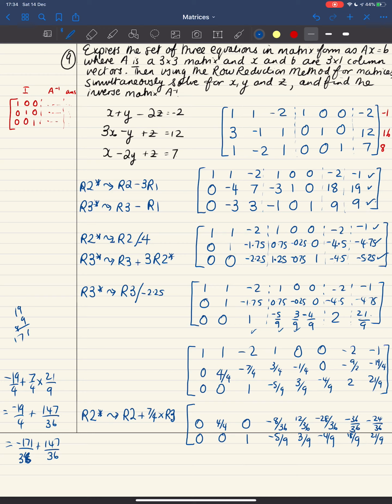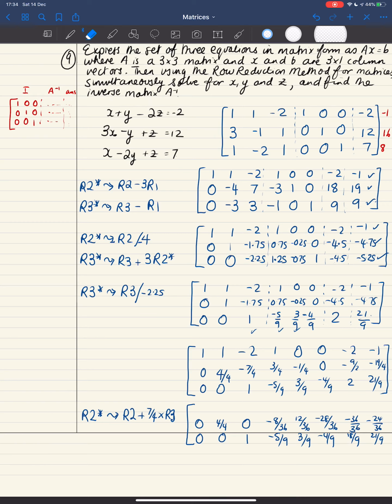So I've just got to check that that row adds up to minus 24 over 36. So I've got 36 over 36 minus 8 plus 12 minus 28 minus 36, and it has to equal minus 24. So 36, 48.